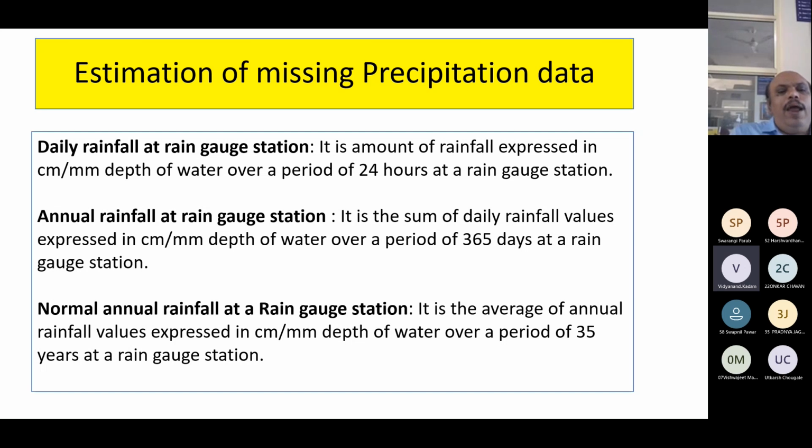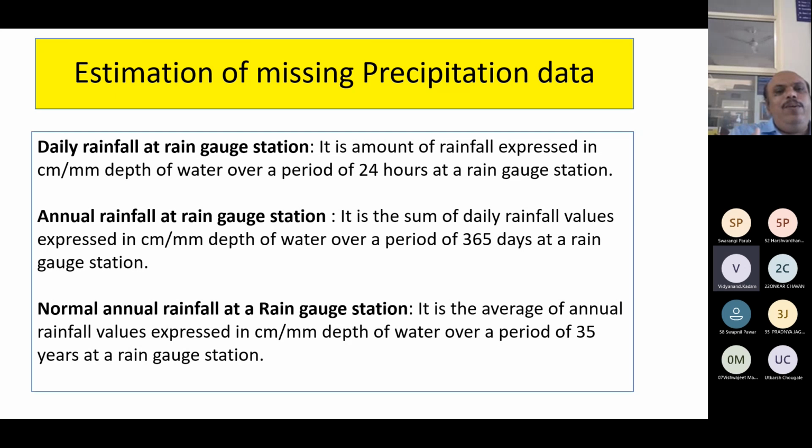The normal annual rainfall value is calculated by taking the average of 35 years of annual rainfall values at that rain gauge station. Is it clear? This is how the normal annual rainfall value is worked out.